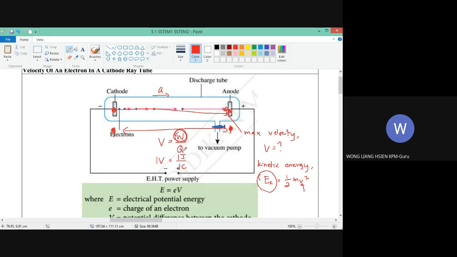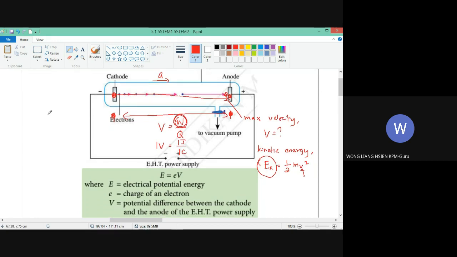So in this case, because the velocity that we want to calculate is the velocity of 1 electron, this charge is the charge of 1 electron.